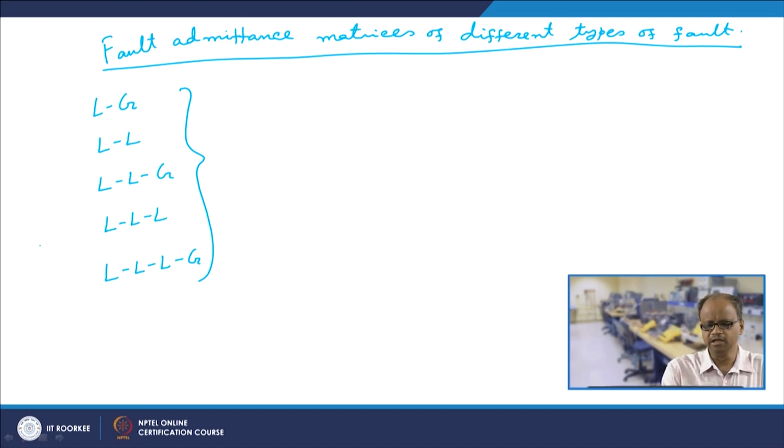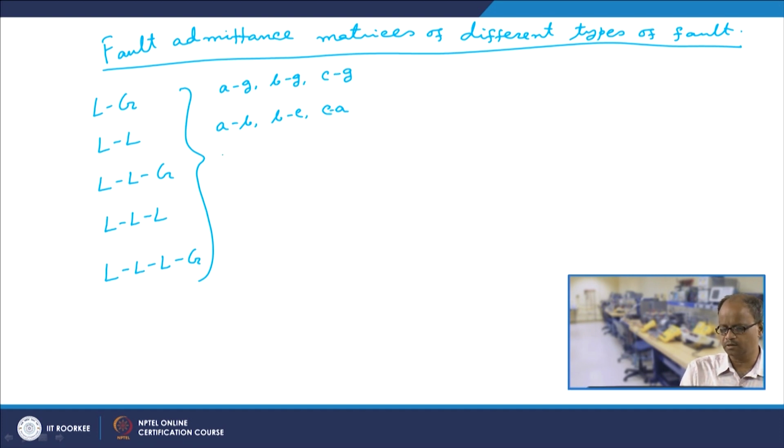Of course, for LG there would be AG, BG, CG, and for LL there would be AB, BC, CA. For LLG there would be ABG, BCG and CAG.